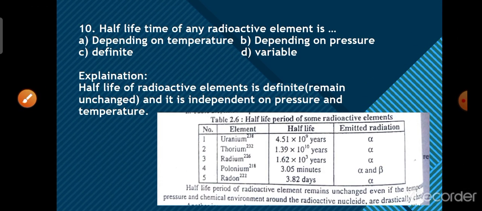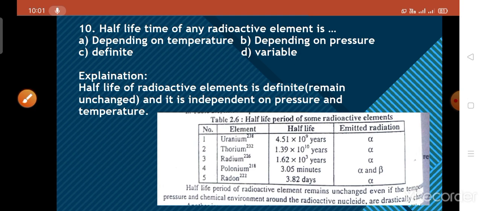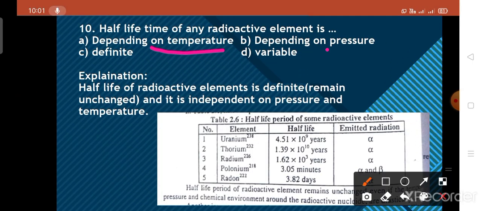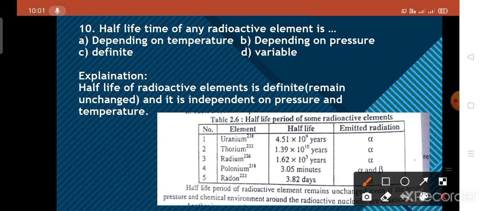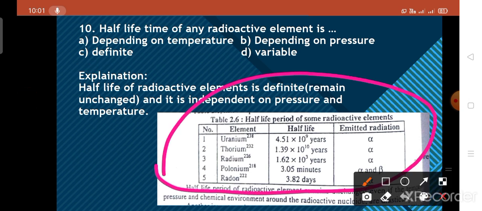Then next example: the half-life time of any radioactive element is, first option, dependent on temperature, second option, dependent on pressure, third one, definite, and fourth one, variable. But the definite option is correct, because, as we can see in this table, the half-life time of a radioactive element is fixed for that element.